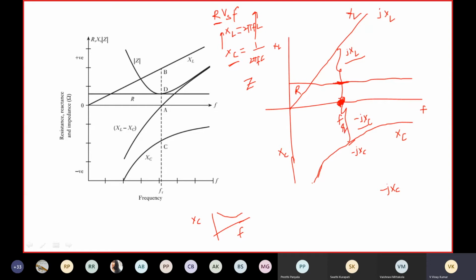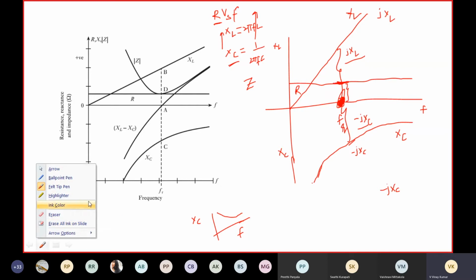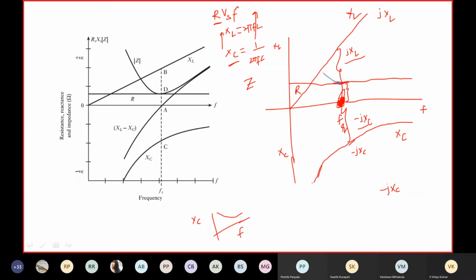At resonance, total reactance must be equal to 0, and Z is equal to R. When F is less than FR, we're going to have impedance like this. When F is greater than FR, you're going to have impedance like this. This is the impedance curve.